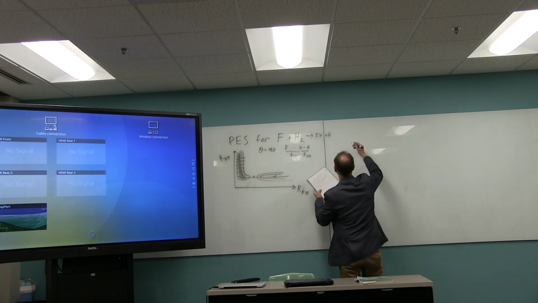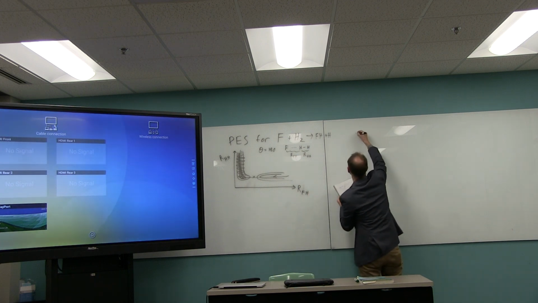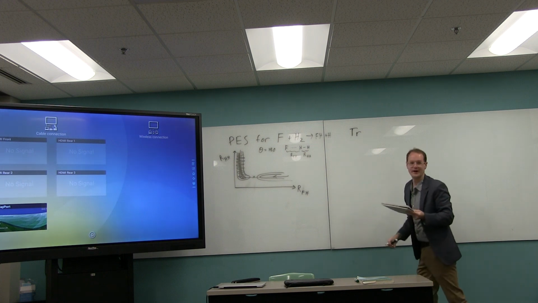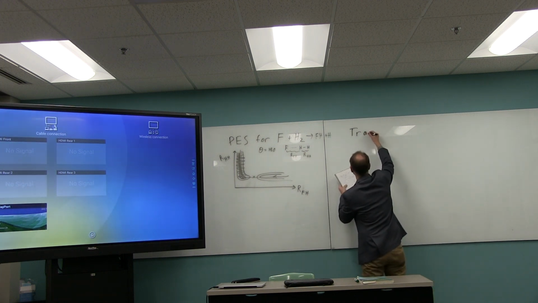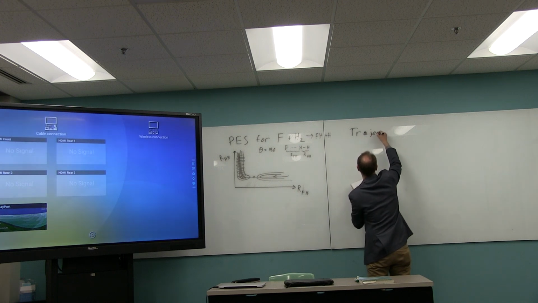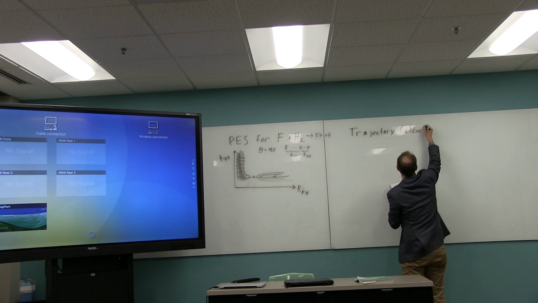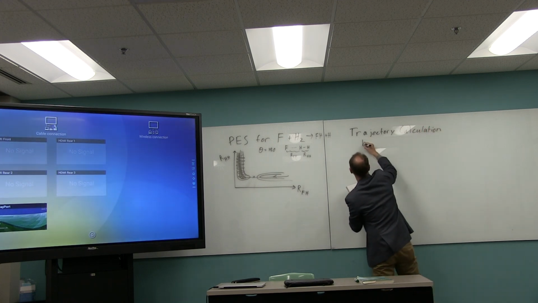Okay, so if you have a potential energy surface, the easiest thing that you can do with that to solve for the nuclear motions is use classical mechanics. So you can do a trajectory calculation by classical mechanics.